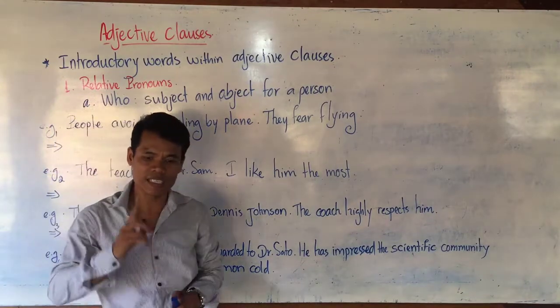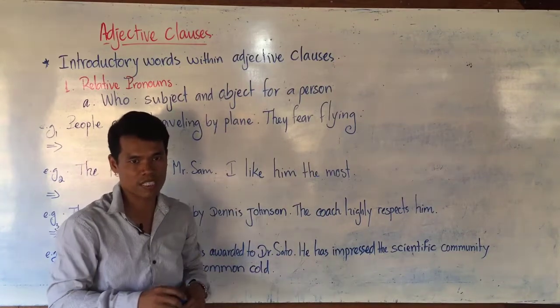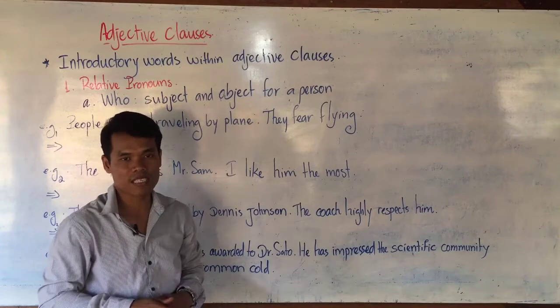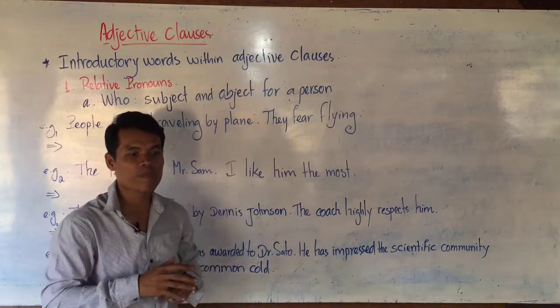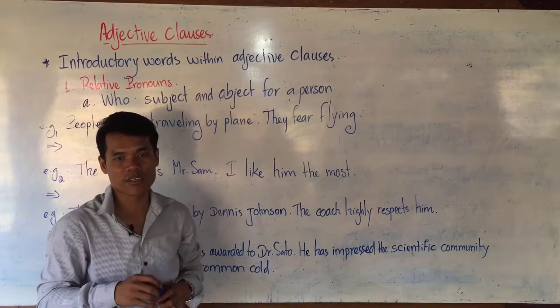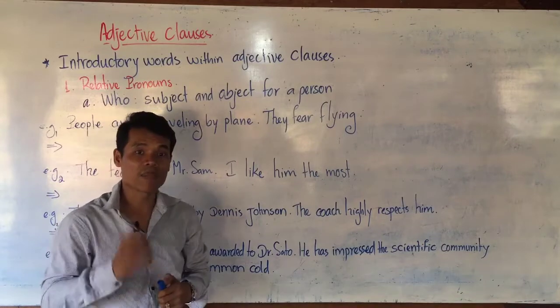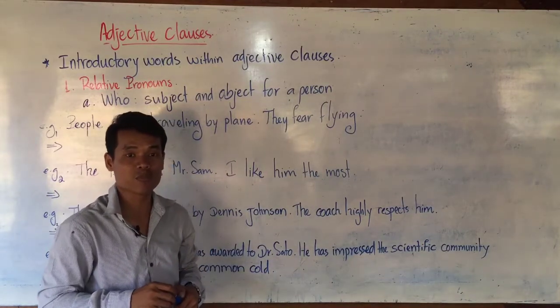Who here is not a WH question in a simple sentence. When thinking about adjective clauses, it is in a complex sentence. A simple sentence is not mentioned. Who in a simple sentence is called a WH question or information question. But in a complex sentence with an adjective clause, it is called a relative pronoun.